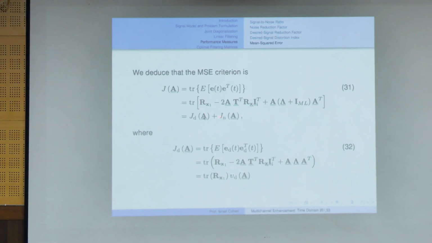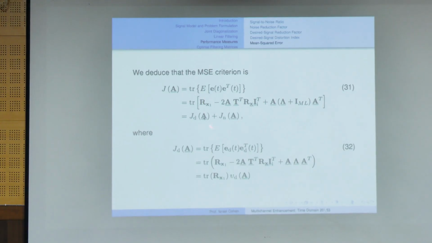And if we add here a factor mu, what do we get? Trade-off. Exactly. So if we add here mu, we get a trade-off between noise reduction and distortion. If mu is larger than 1, the trade-off filtering matrix will try to reduce more noise, but will get higher distortion.